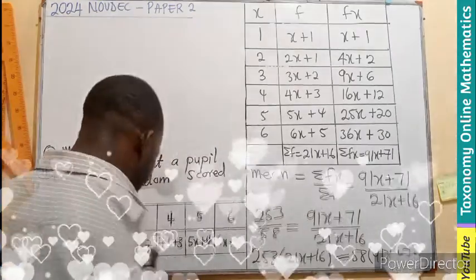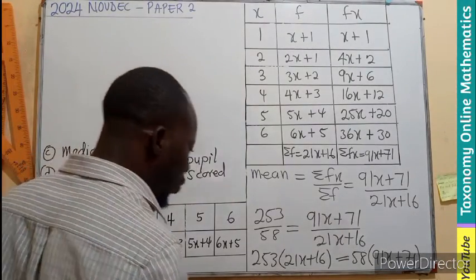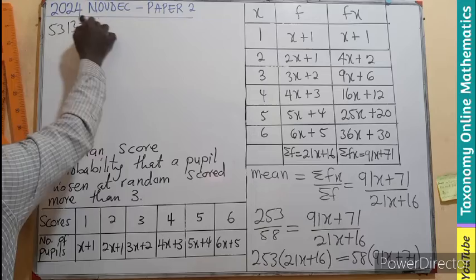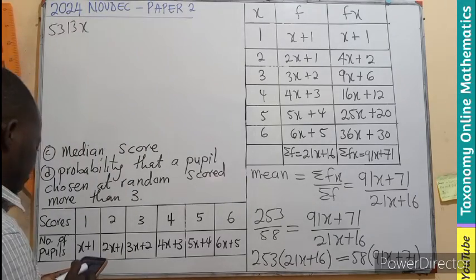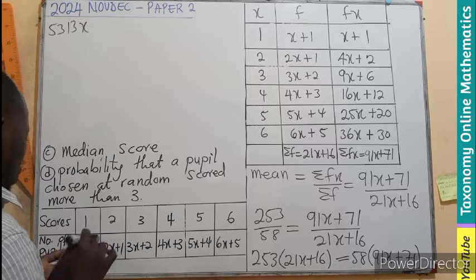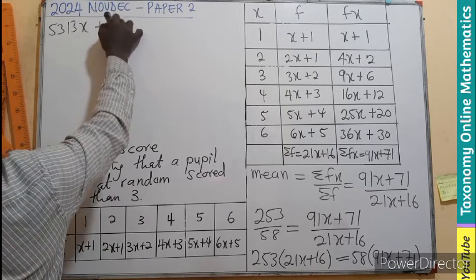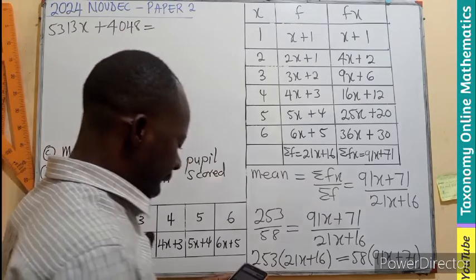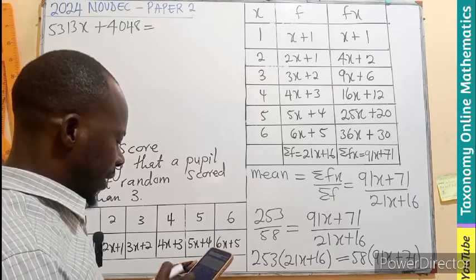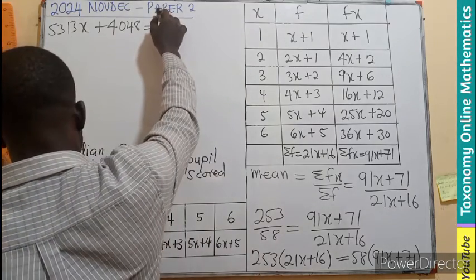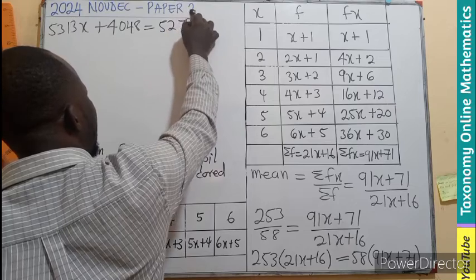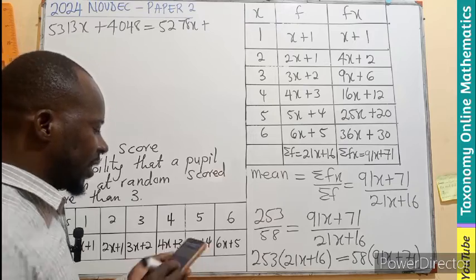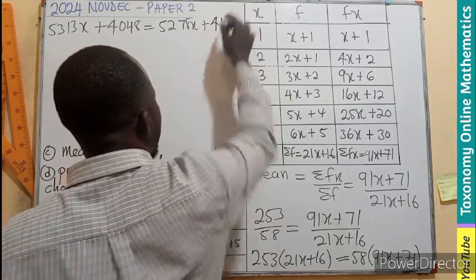So from here, 253 times 21 will give us 5313x. Then 253 times 16 will also give us 4048, equals to 58 times 91, that will be 5278x plus 71 times 58, that will be 4118.